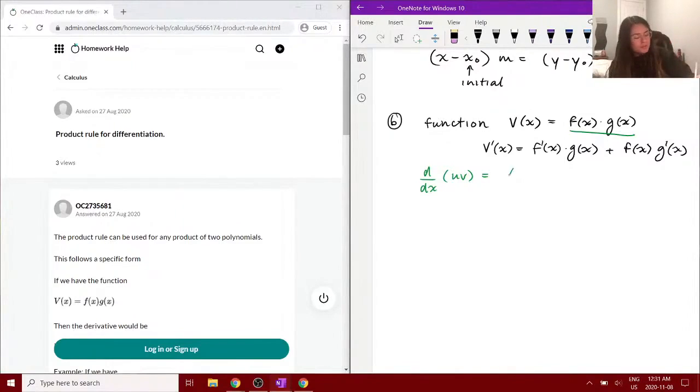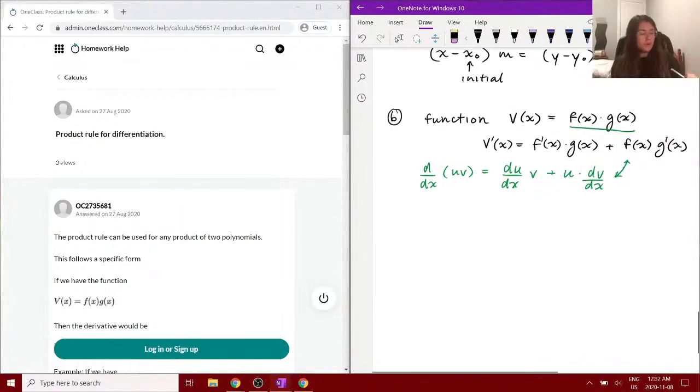You have the derivative of the first term times the second term as it is, plus the first term, u, as it is, times the derivative of the second term. So these two lines are just saying the same thing. I just wanted to write it in two different ways in case you've seen one or the other before.